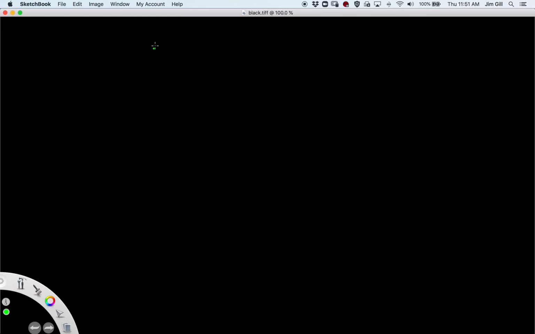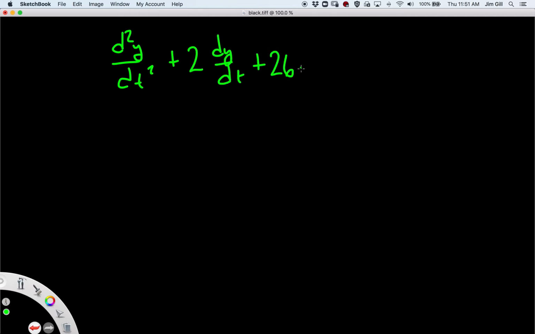Okay, so we're going to start with that equation I started with at the beginning of this video. d squared y over dt squared plus 2 dy over dt plus 26y is going to be equal to delta 4 of t. So here we are going to hit the system with a force at exactly time 4.